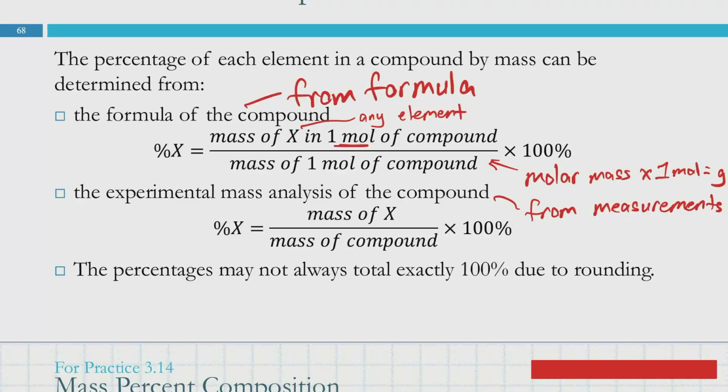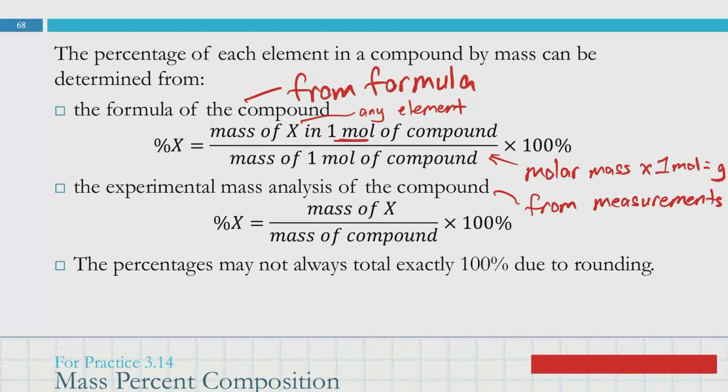And if you were to add up the percentages for all of the different components, sometimes it doesn't total exactly 100%. It might be more, it might be less, just because of the way that rounding ends up working out. So it's completely normal to end up with like 99.8 or 99.9 or 100.4% total, just because of rounding errors, depending on how many things you have.